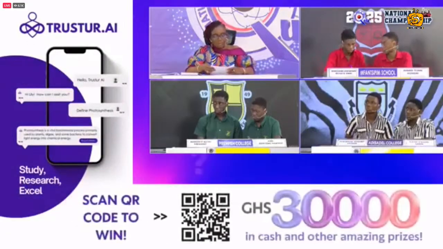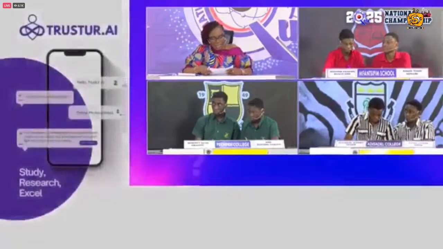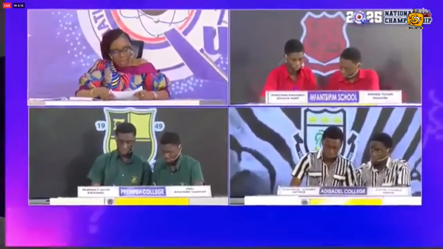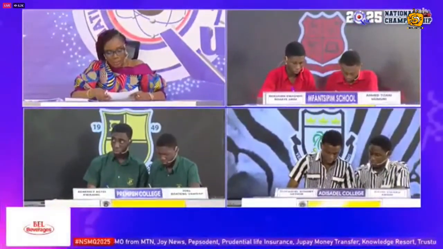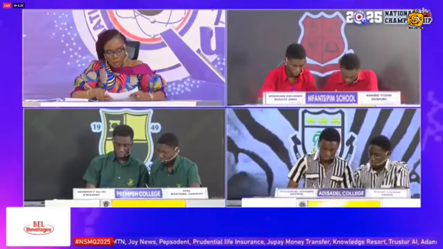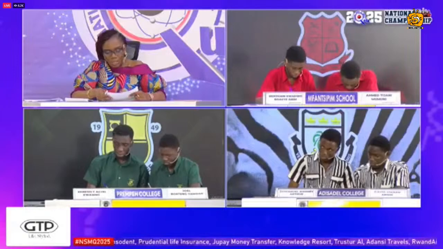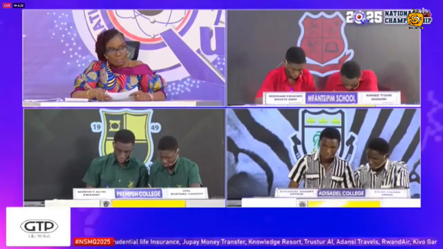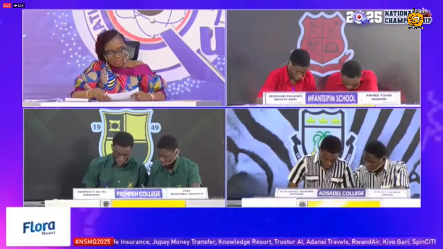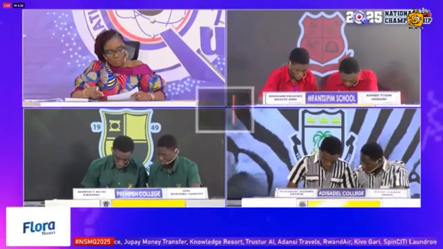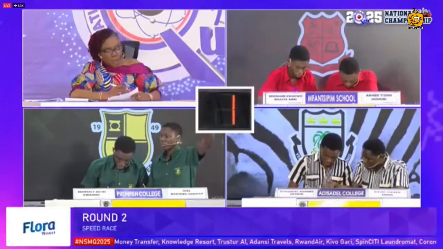First one, find the energy density of a parallel plate capacitor of plate separation 0.20 millimeter with 5.0 volts across it. Yes, Joel.